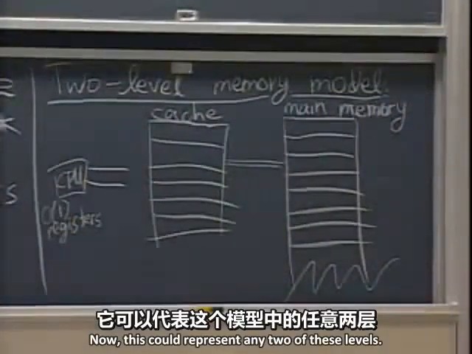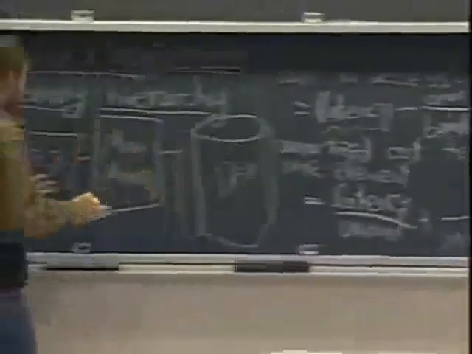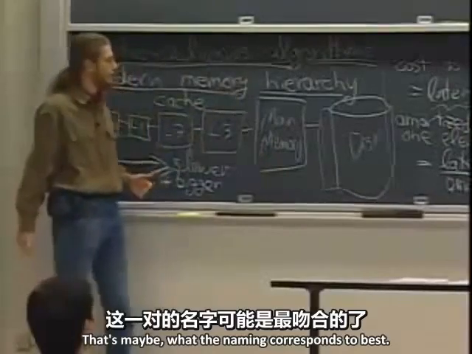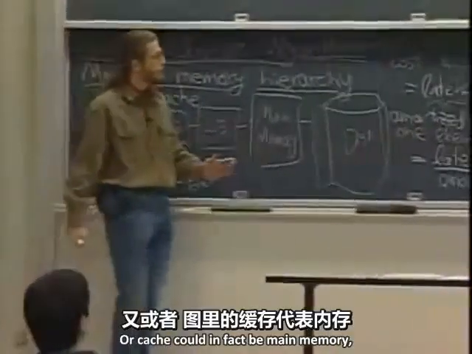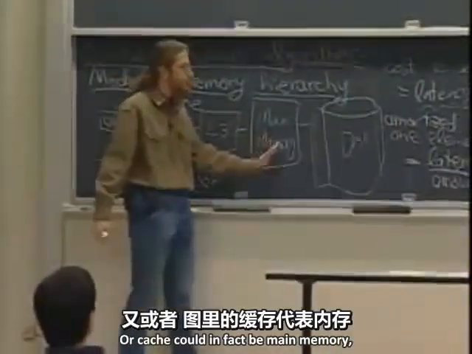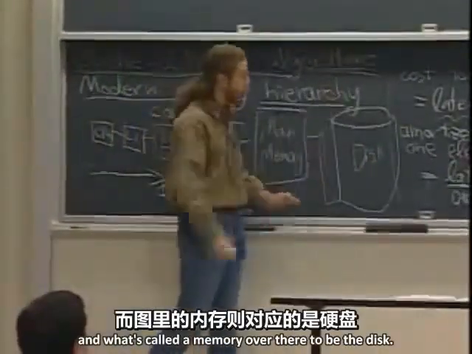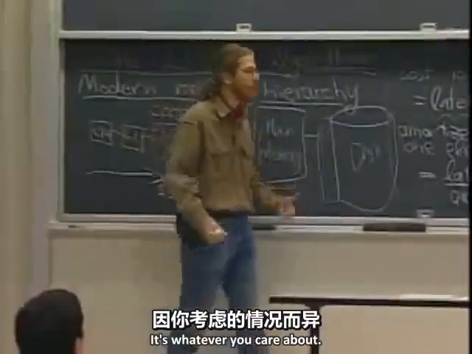Now, this could represent any two of these levels. It could be between L3 cache and main memory, which is maybe what the naming corresponds to best. Or cache could in fact be main memory, what we consider the RAM of the machine, and what's called main memory over there could be the disk. It's whatever you care about.